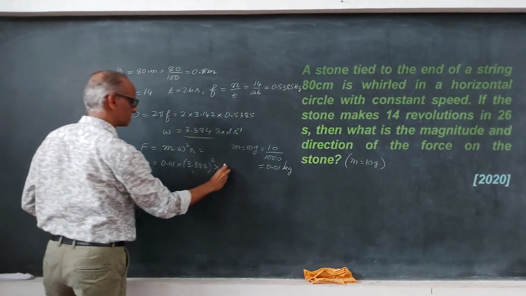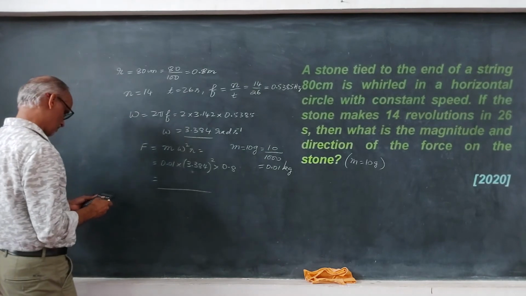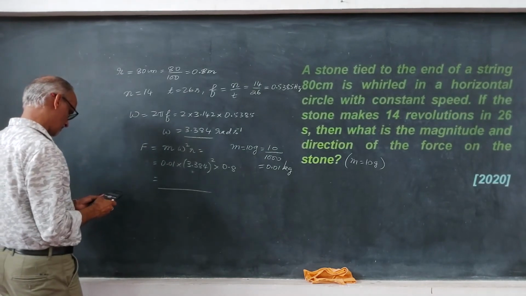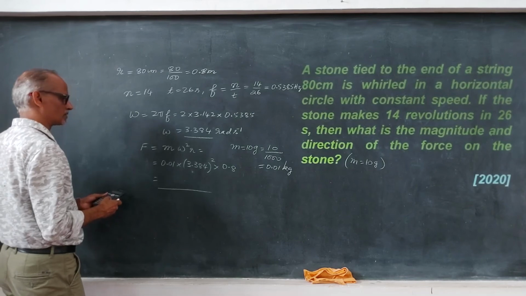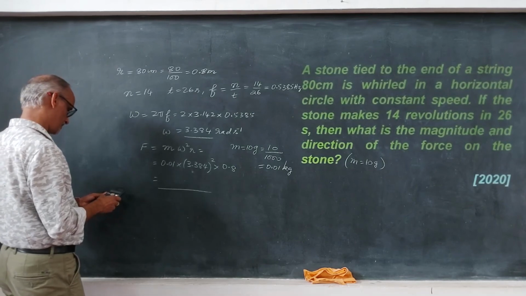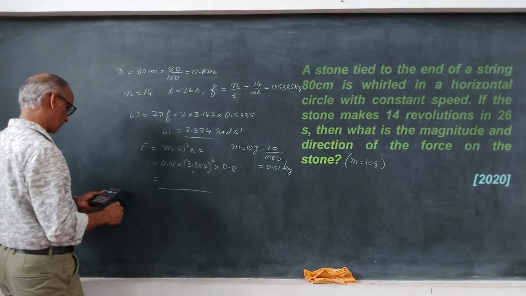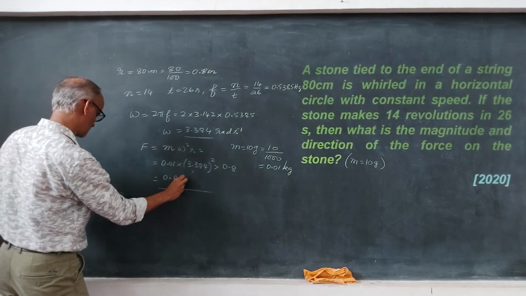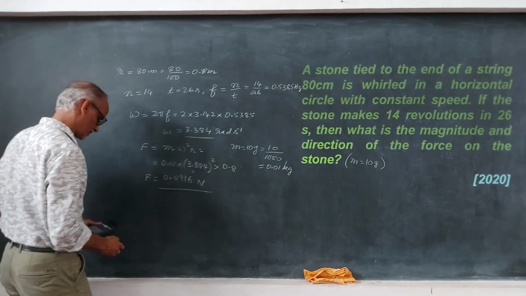Radius is 0.8. So let's calculate this: 3.384 square into 0.8 into 0.01 will be 0.0916. We are calculating the force, so that's why it will be Newton.